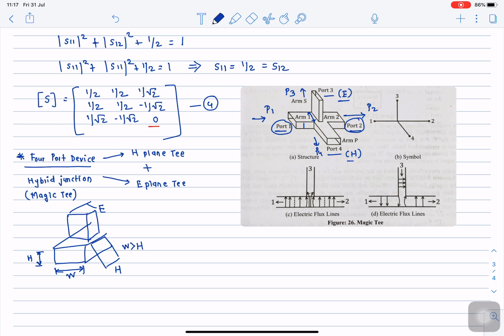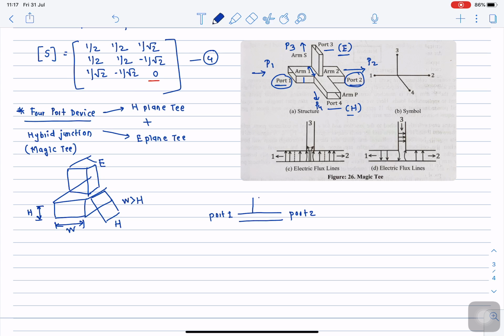Now in this particular circuit, in reality, no power flows from the collinear port to the other collinear port. So suppose this is your port 1 and this is your port 2. Port 1 and port 2 are located in the collinear arm.